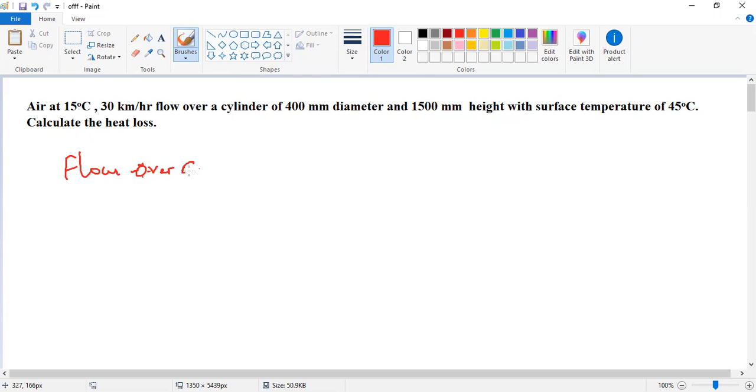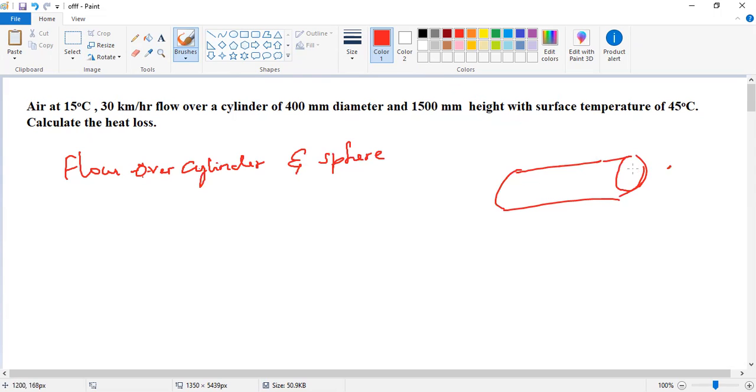For flow over cylinders, we have the internal flow and external flow. So we have cylinders and spheres. For example, if we take a cylinder, the flow of fluid inside represents the internal flow.